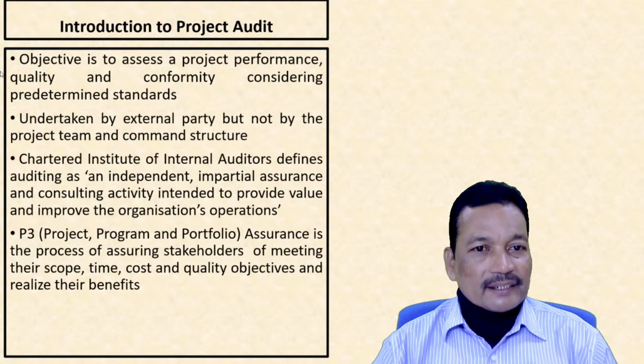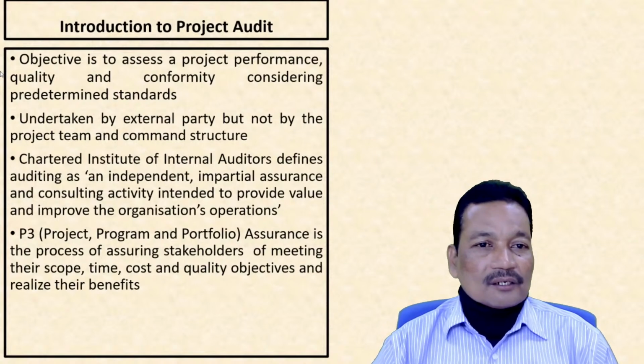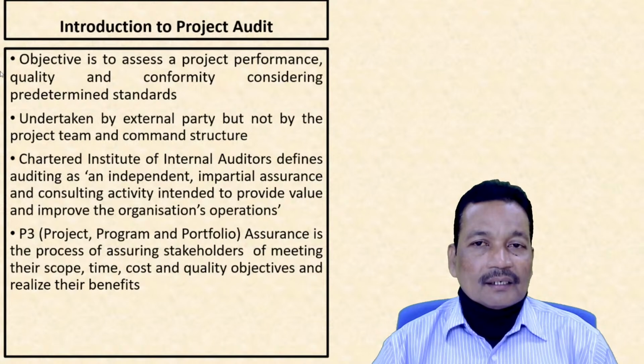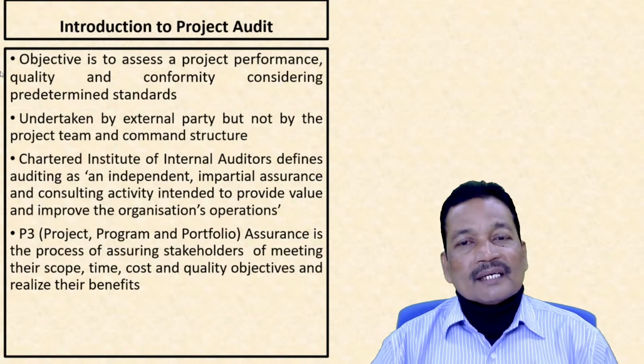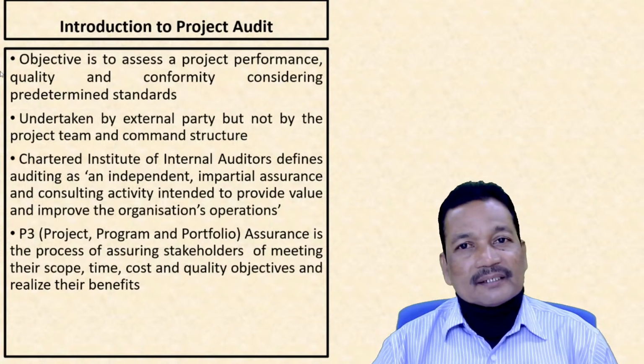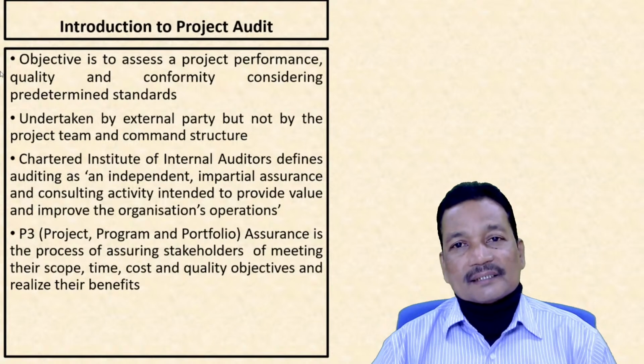And this project audit, as we have seen up till now, is undertaken by an external party. Why? Now we have seen, if it is done internally, then there is every possibility of biasness creeping into the assessment process.